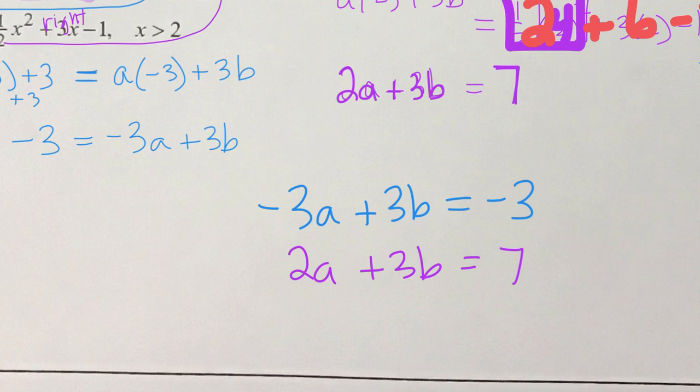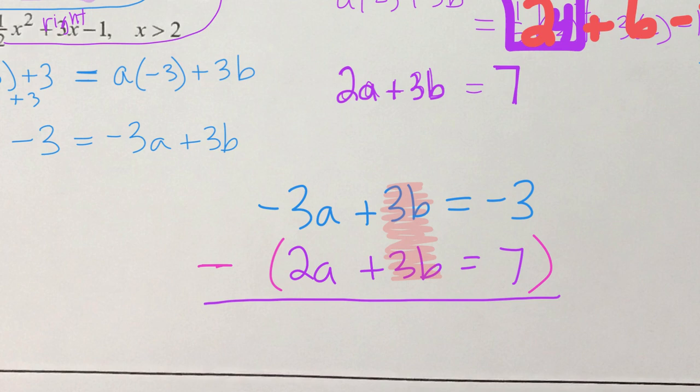It looks like we can solve this pretty nicely with elimination. I'm noticing that my b variables have the same coefficient. So what would happen if I were to subtract the bottom equation from the top equation? This is one way that we can solve a system of equations, by elimination.